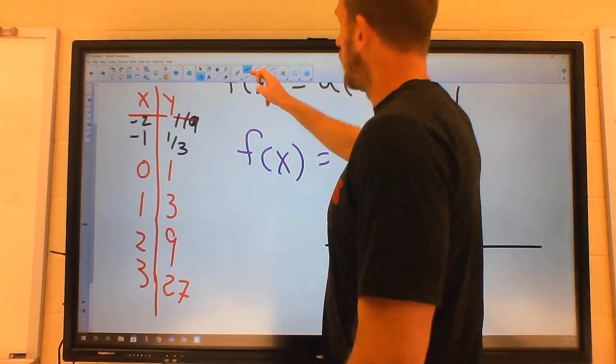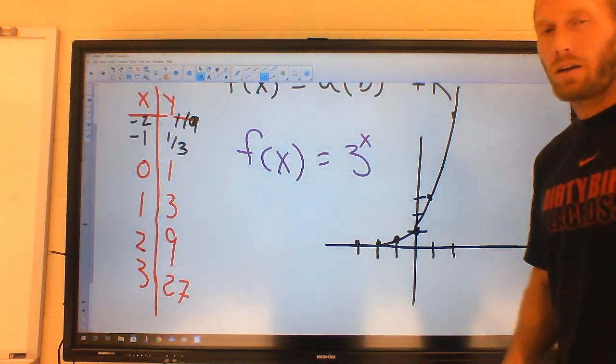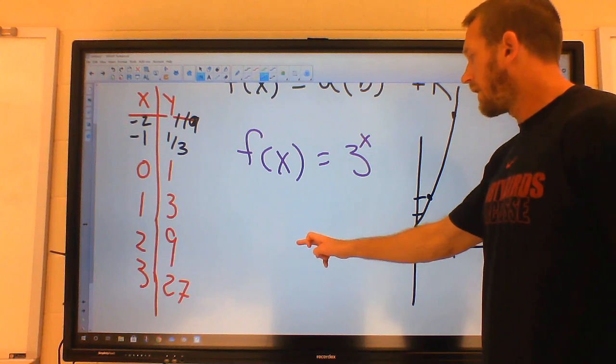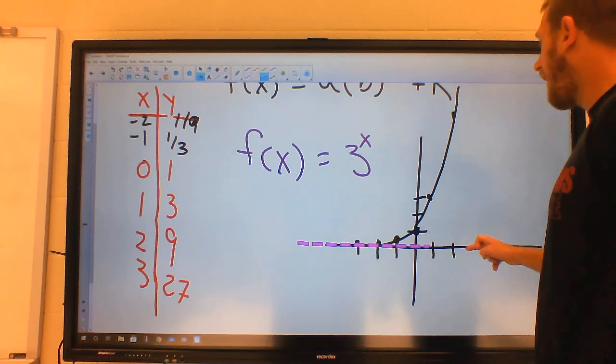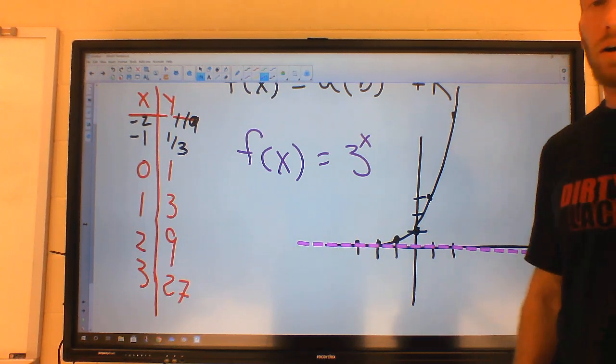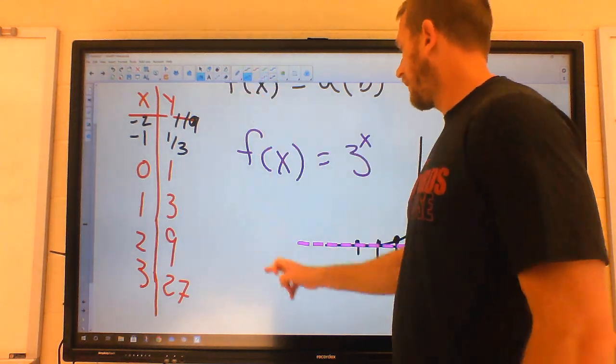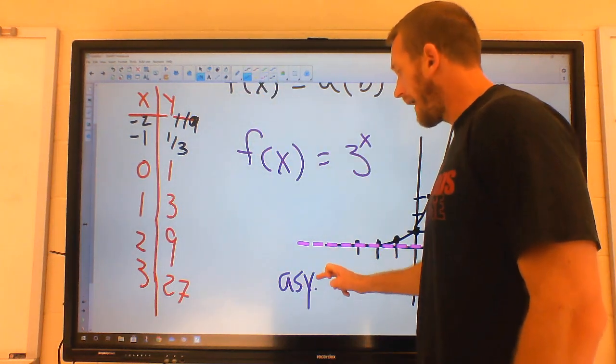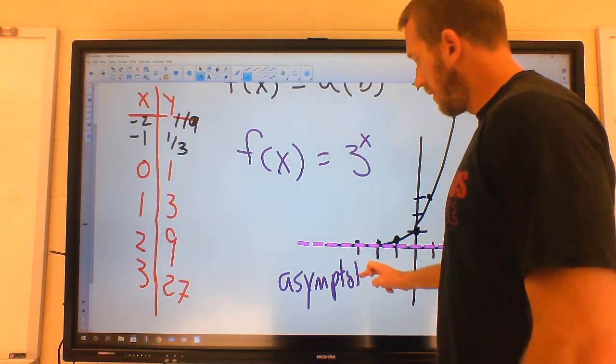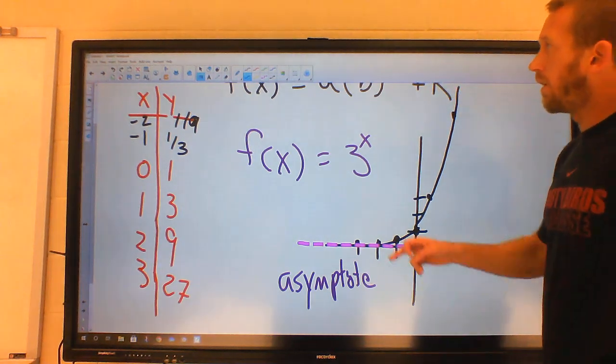Now, the way I introduced this in class last week or a couple days ago was that there's this kind of imaginary flat line that's not a part of our graph, it's called an asymptote, right? And it's not a part of our function, right?